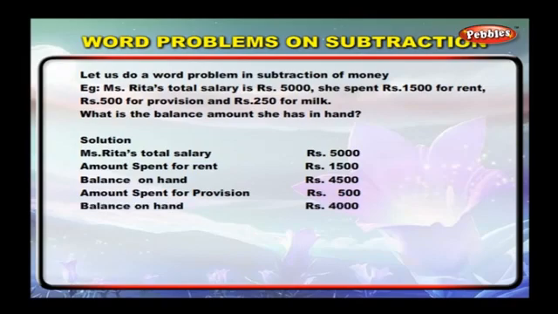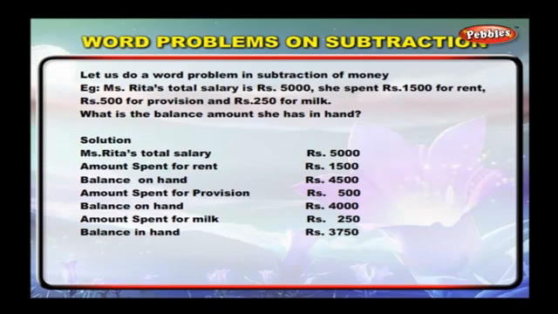Balance on hand is rupees 4,000. Amount spent for milk is rupees 250. Balance in hand is rupees 3,750. Hence, the balance amount with Miss Rita is rupees 3,750.